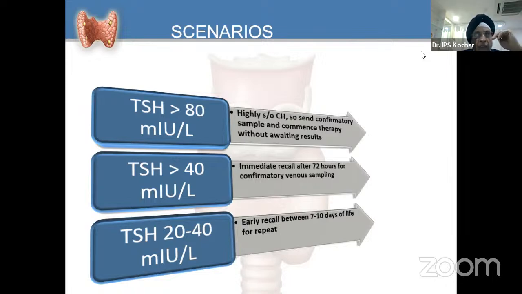If the TSH is between 20 and 40, then recall between 7 to 10 days for a repeat to see what's happening.